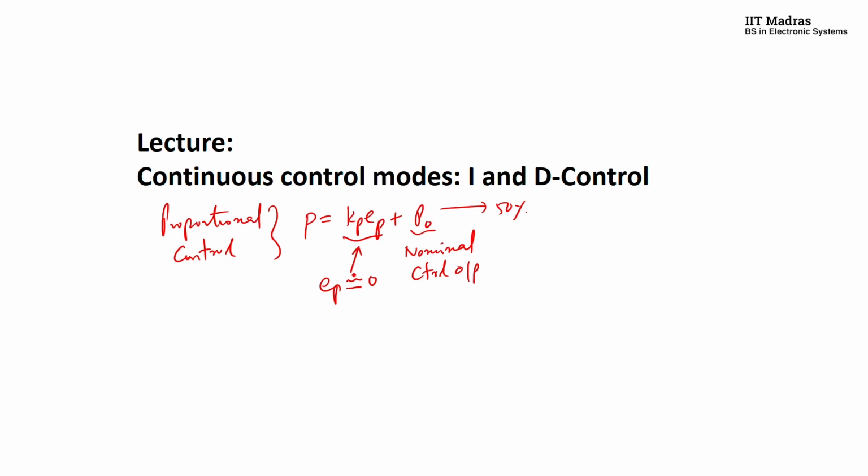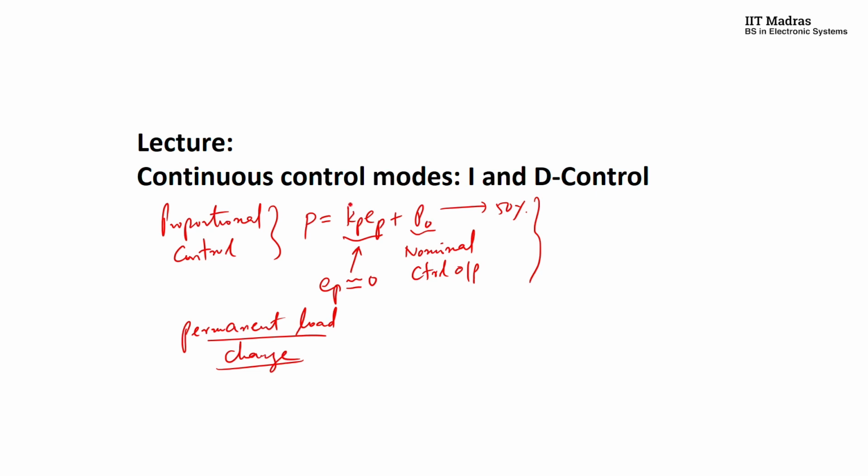We also saw that this may not always be possible in conditions where you have a permanent load change. Before I get into that, one important thing to explain is how the proportional controller works without an error. It is impossible for the proportional controller to work without error EP.